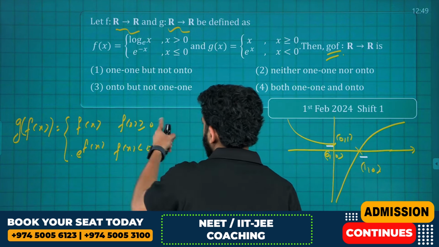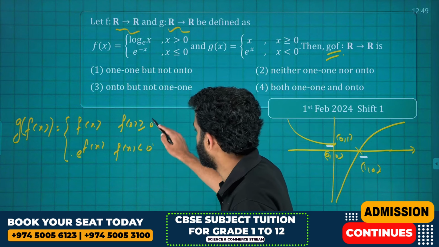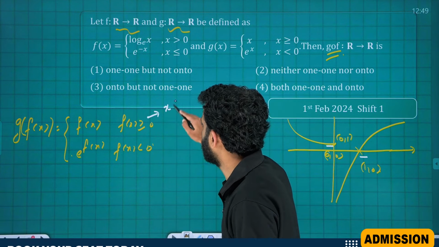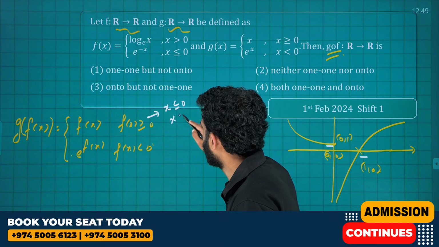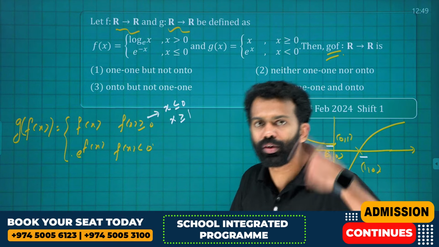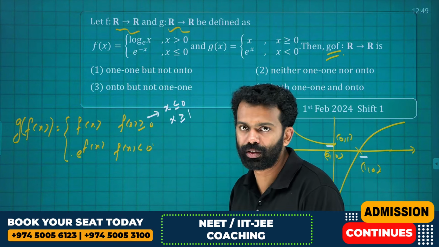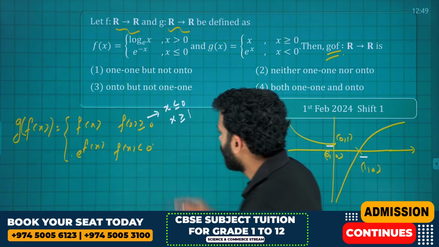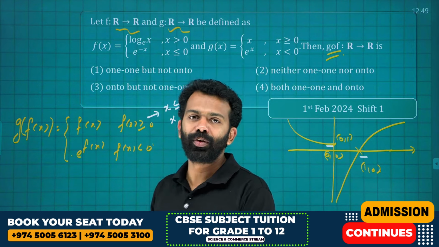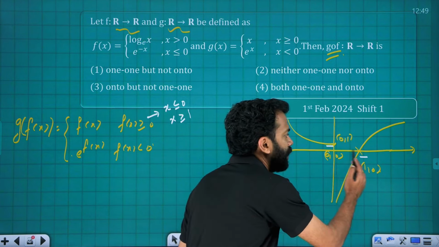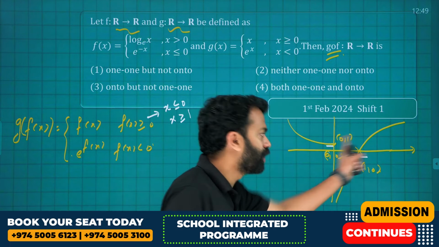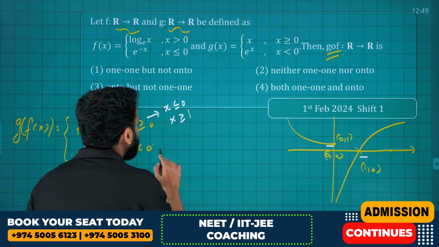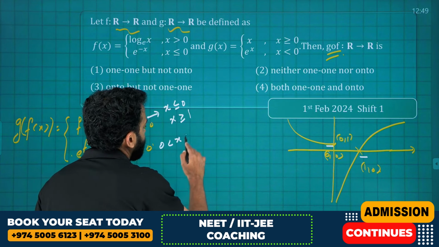So we can write those values here. F of x is greater than or equal to 0 when x is less than or equal to 0 or x is greater than or equal to 1. In both the cases, f of x is greater than or equal to 0. Hope you are getting the idea here. And where is f of x less than 0? That is between this and this, that is between 0 and 1. That is 0 less than x less than 1.